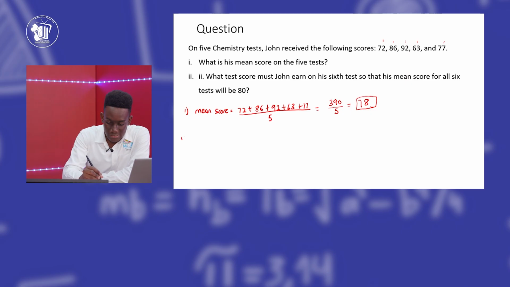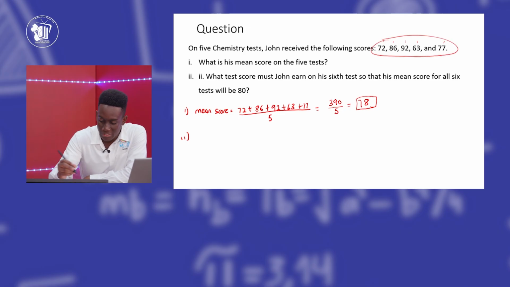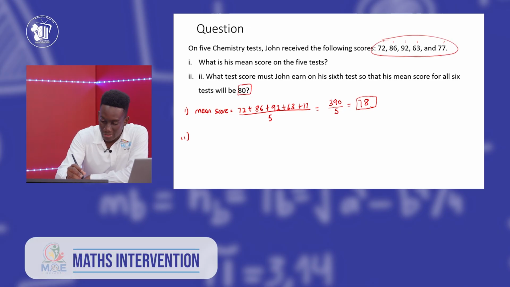Part 2 says, what test score must John earn on his 6th test so that his mean score for all 6 tests will be 80? So we want to know what score John must add to this set of scores to get a mean score of 80.